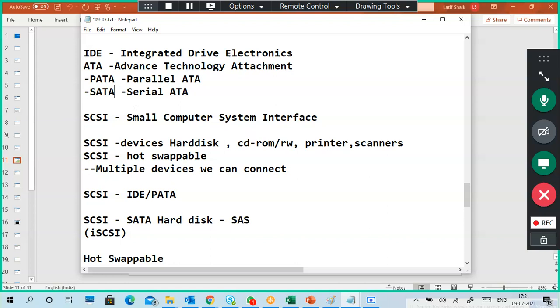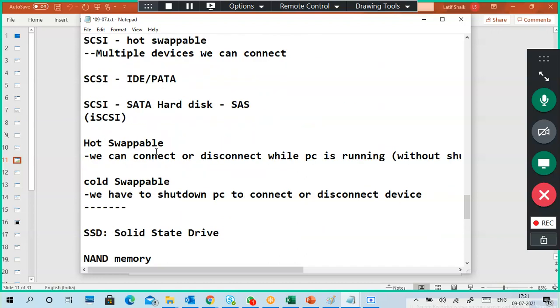PATA is around 150 Mbps, but SATA 3 has 6 Gbps data transmission speed. And SCSI is much faster than your PATA and SATA.